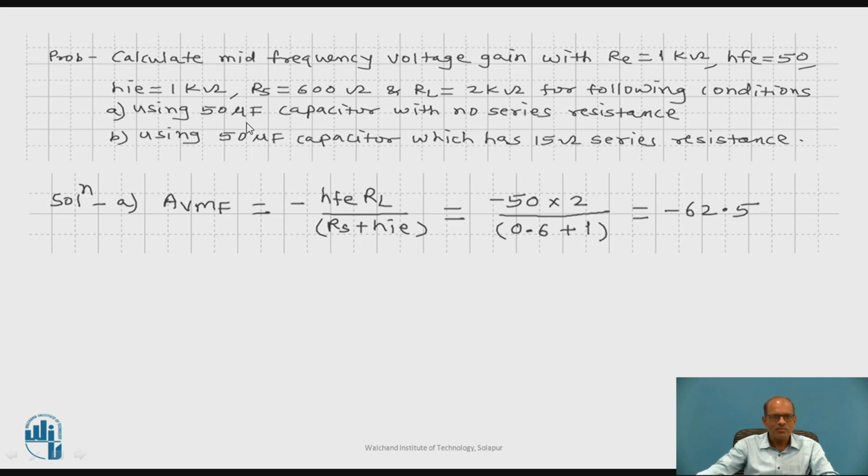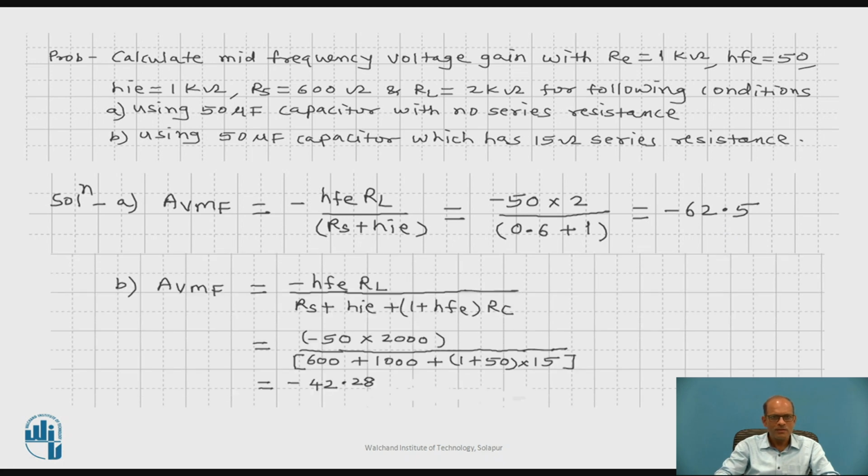RS is 600 ohm. I am taking all the resistances in kilo ohm, and therefore convert that 600 to kilo ohm. So 0.6 plus hie is 1. So this comes to be minus 62.5. That is with an ideal capacitor.